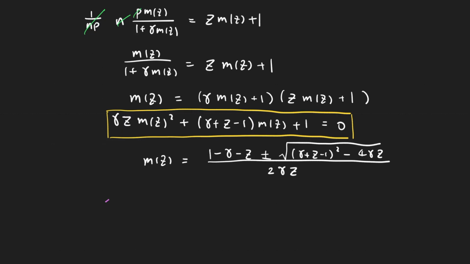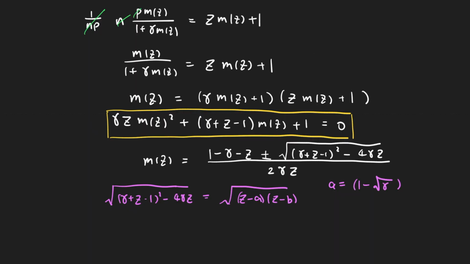It turns out that the square root of gamma plus z minus 1 squared minus 4 times gamma times z can be written, when we find the two roots, as z minus a times z minus b, where a equals 1 minus the square root of gamma, squared, and b equals 1 plus the square root of gamma, squared.